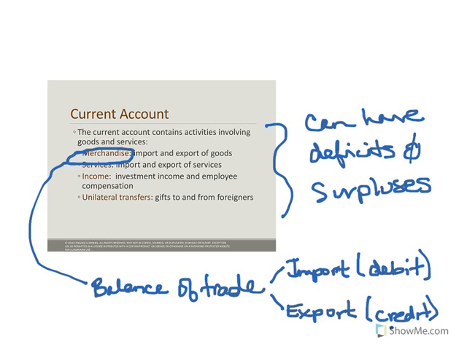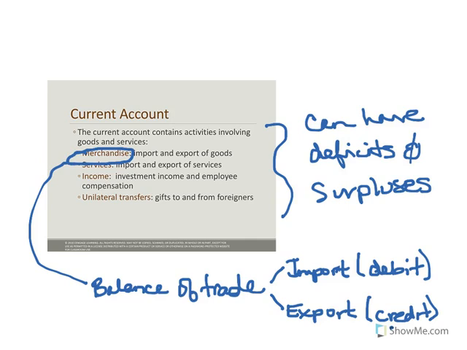Money spent by foreigners here on services is going to bring money into the economy, so it's a credit. But anytime Americans are spending money on services outside the United States, that's going to be a debit. And currently our services account is running a surplus. We have more money coming in from foreigners than what we're spending outside of the United States.